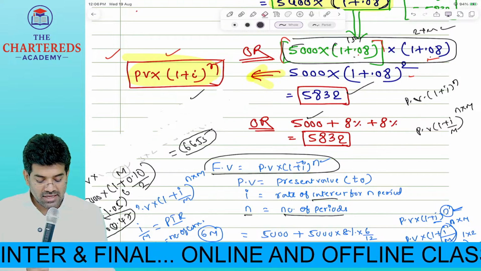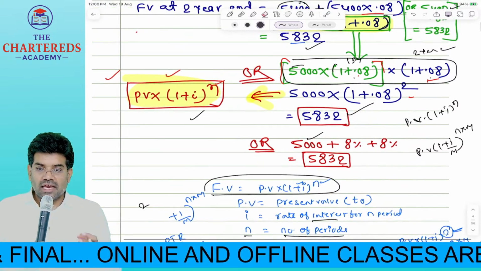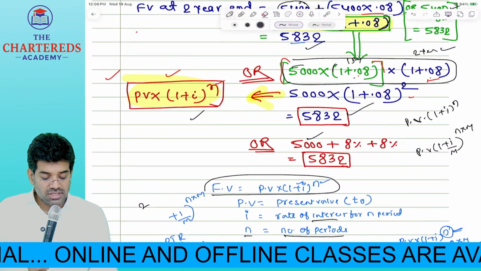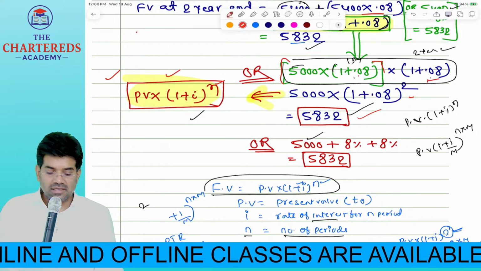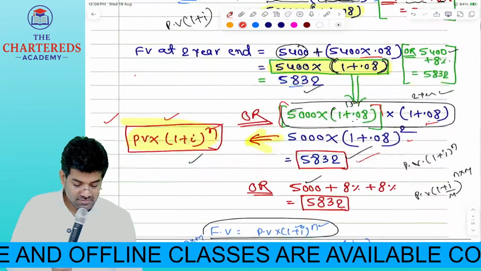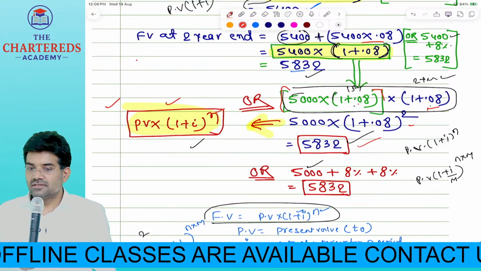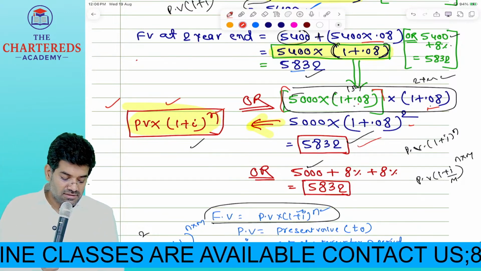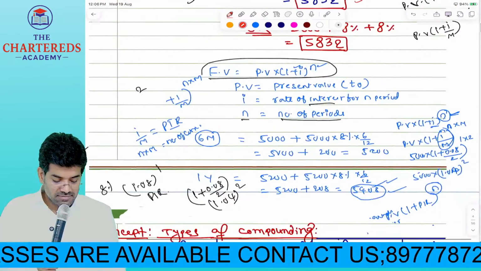One is directly using the formula. Or in your calculator, the same 5,832, how you can get: 5,000 plus 8% plus 8%. Just check now in your calculator. In that manner also we can get. There are multiple ways to get the answer.